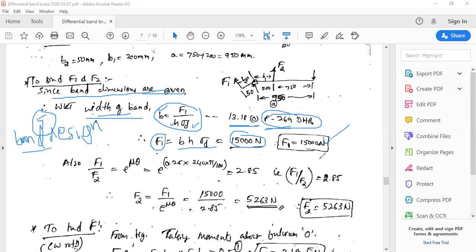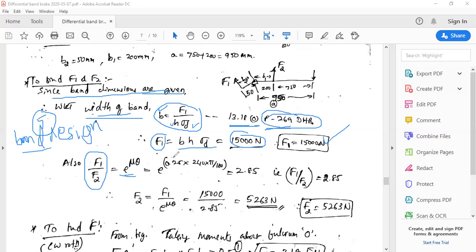Once you get the value of F1, next we have to go for the driving tension ratio, or band tension ratio, F1 by F2, that is equal to e raised to mu theta. In this case, the pulley or the drum has a flat surface, hence no question of replacing mu. If it is V-grooved, then we have to replace that mu by mu by sin alpha.